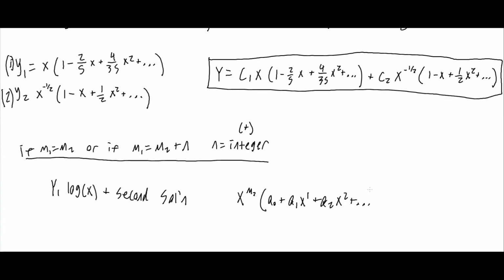So this would be the form of the second solution. We would have to multiply our first solution by the log of x, plus x to the m2 times a naught plus a1 x plus a2 x squared and so on.